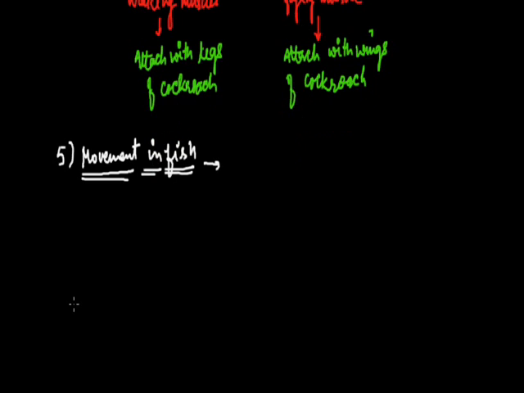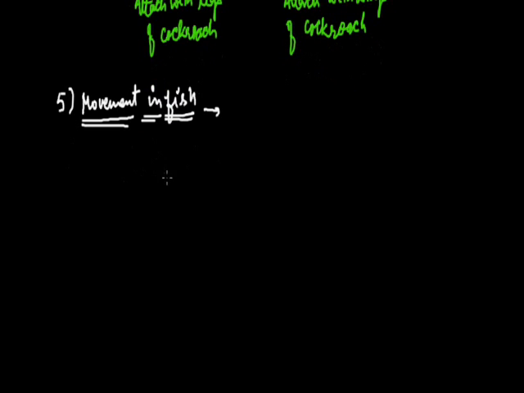Now as we know, fish is an aquatic animal and the head and tail of the fish are smaller than the middle portion of the body. And one more thing in fish, its body is streamlined, which reduces resistance of water waves. So fishes are aquatic animals.